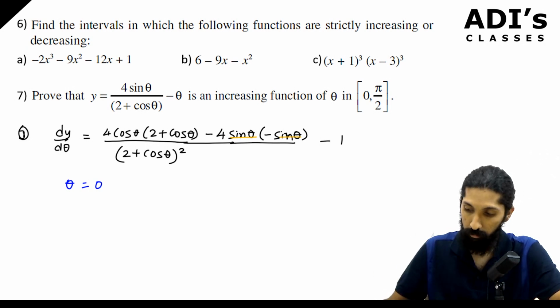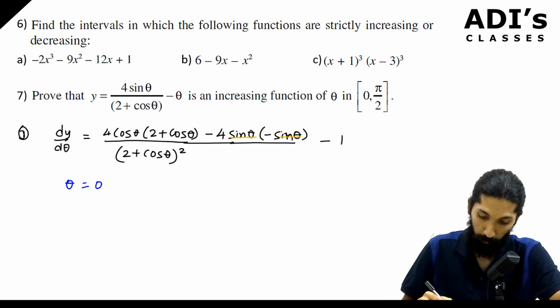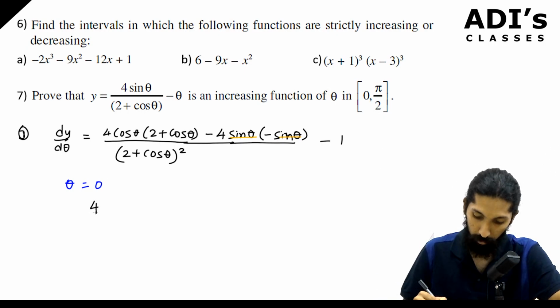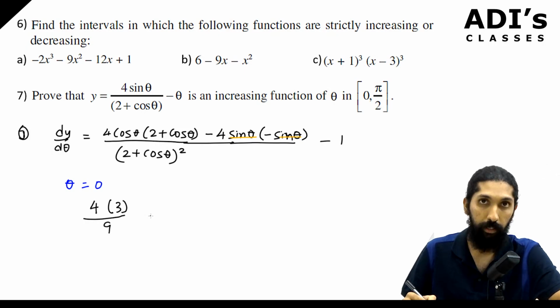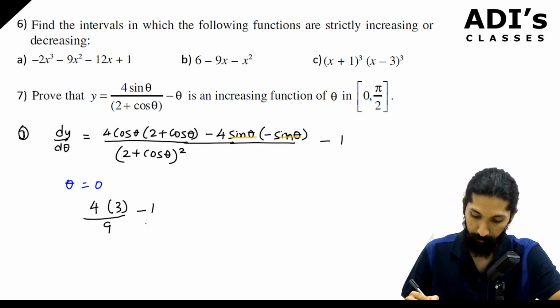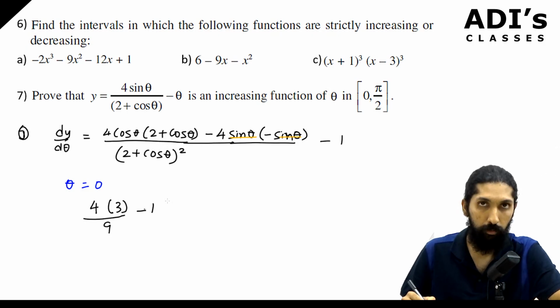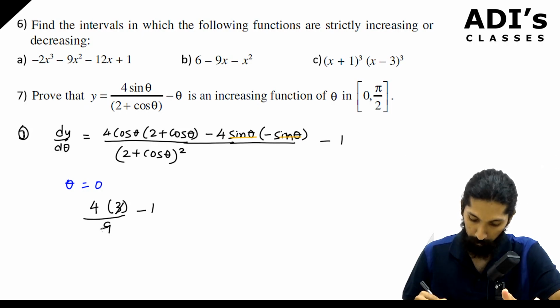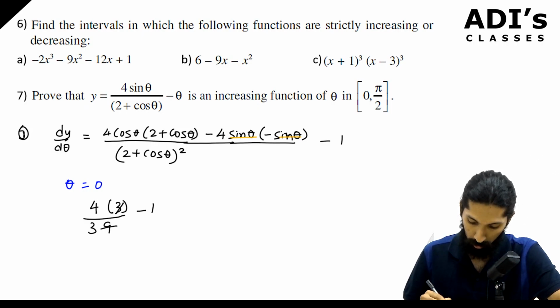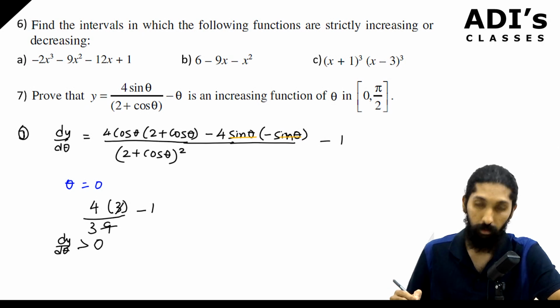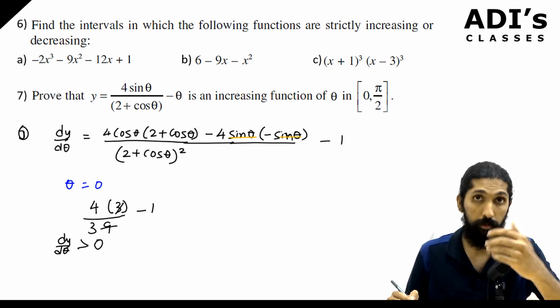Now the cos value we have to substitute. 4 into cos 0 is 4 into 2 plus 1 is 3, divided by 2 plus 1, 3 square, which is 9, right? Minus 1. So 12 by 9 minus 1, or you can say this is 4 by 3. 4 by 3 minus 1 is greater than 0. So dy by d theta is greater than 0. The first part is done, so you proved it is positive.